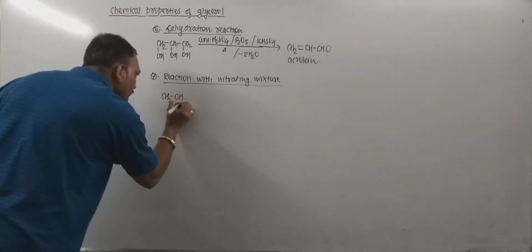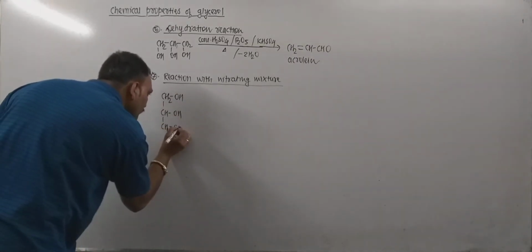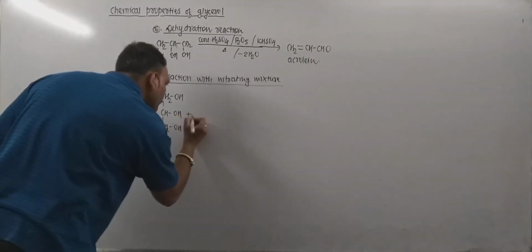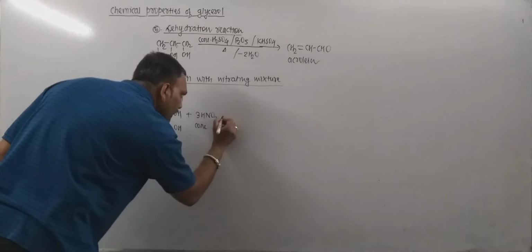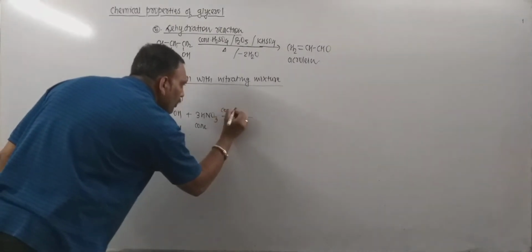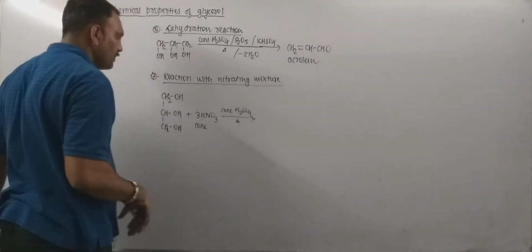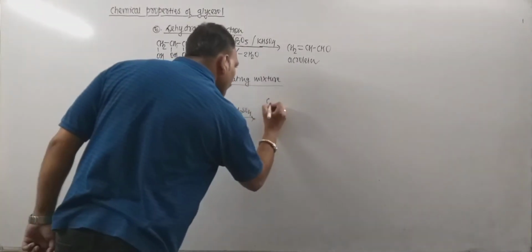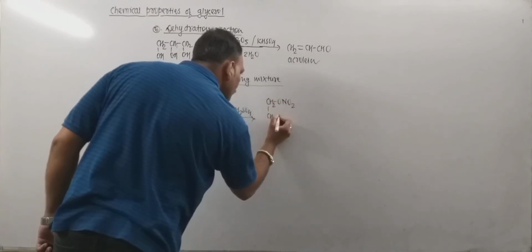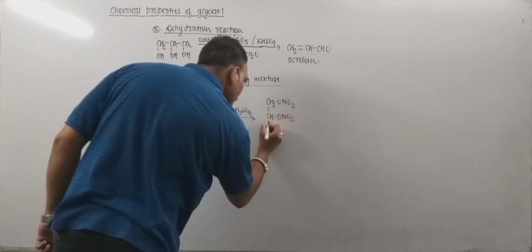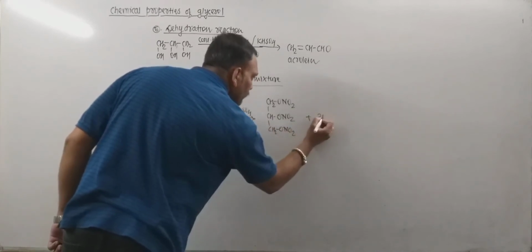When glycerol is heated with nitrating mixture, that is a mixture of concentrated nitric acid and concentrated sulfuric acid, nitration takes place at all the sites, and that leads to the formation of a product, along with water.